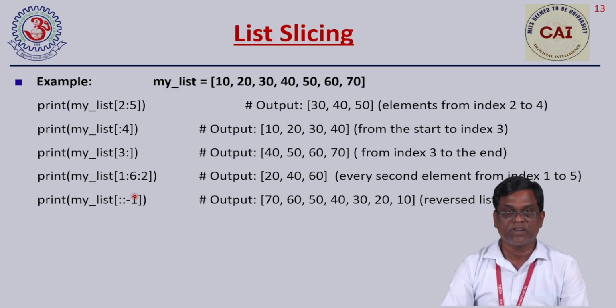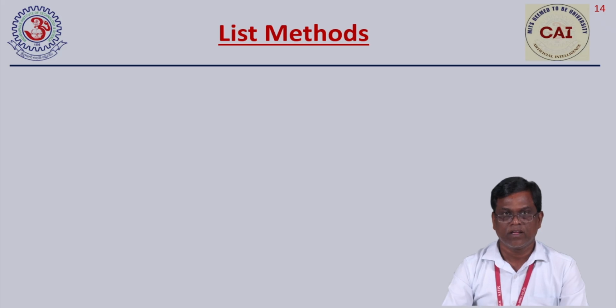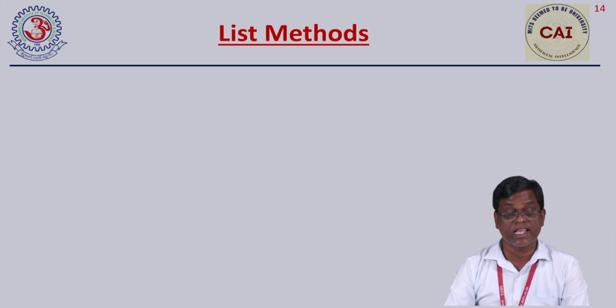If I want to reverse a list of elements, I can use this notation. Minus 1 is included as the last parameter, then the reversed list will be the output for us. So this is regarding how to use the list slicing operation.